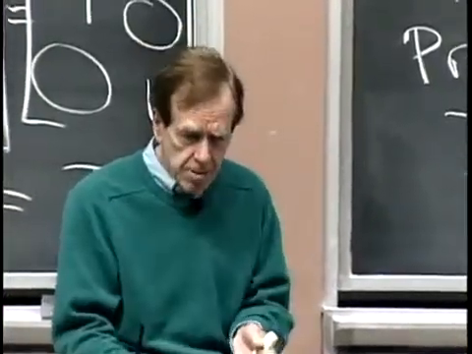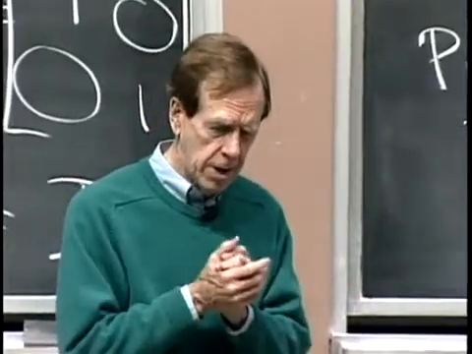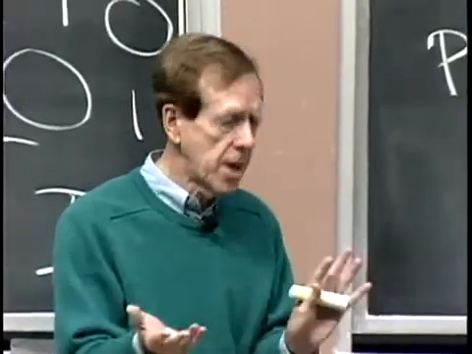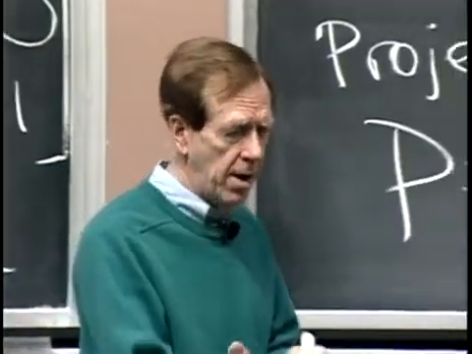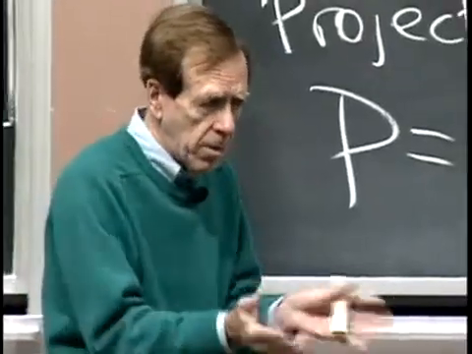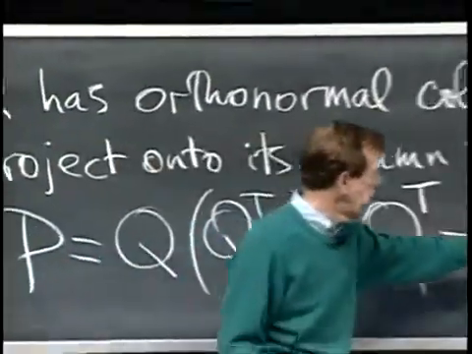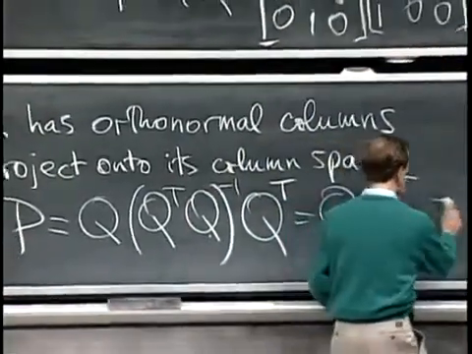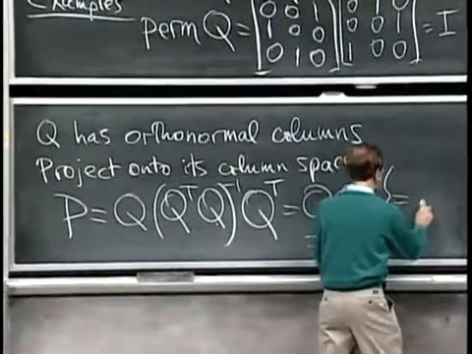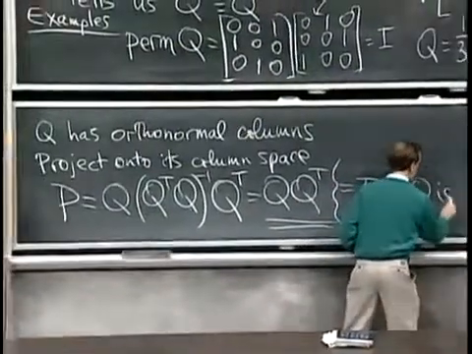And what's the projection matrix onto the whole space? The identity matrix. If I'm projecting onto the whole space, every vector b is right where it's supposed to be, and I don't have to move it by projection. So this will be I. I'll put in parentheses, this is I if Q is square.